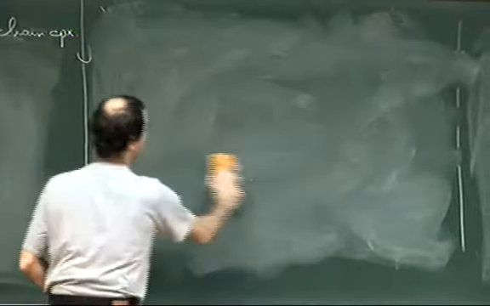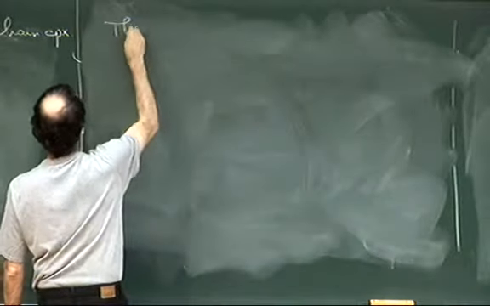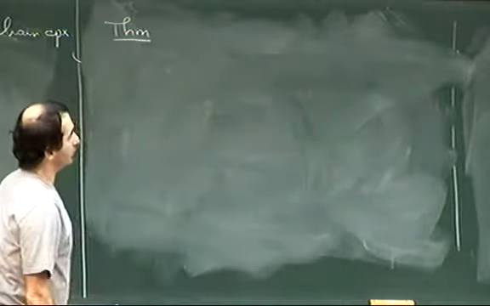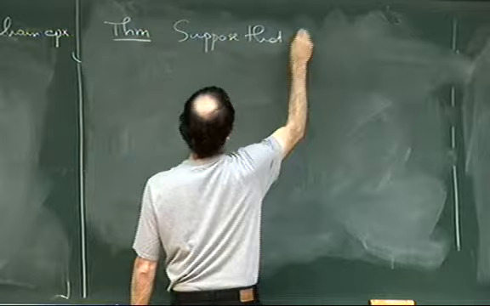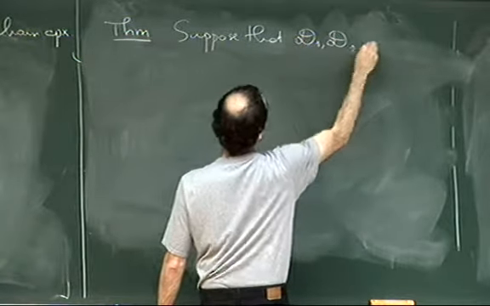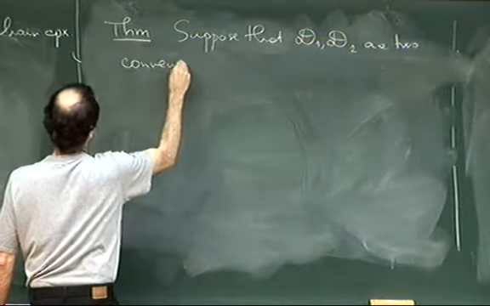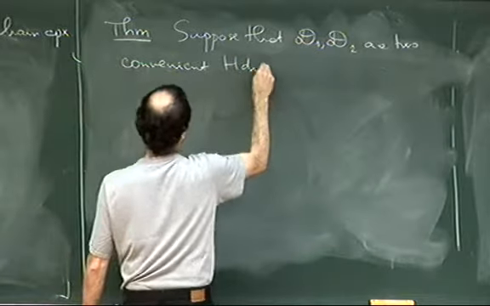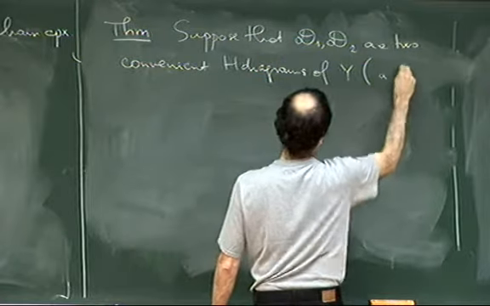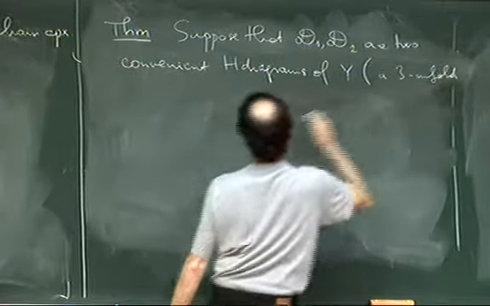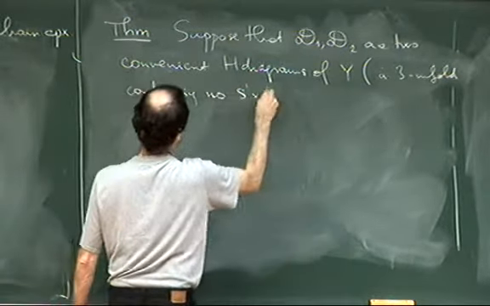And so here is the theorem. So, theorem. Suppose that D1, D2 are two convenient Heegaard diagrams of Y, a three-manifold containing no S1 cross S2 summand.